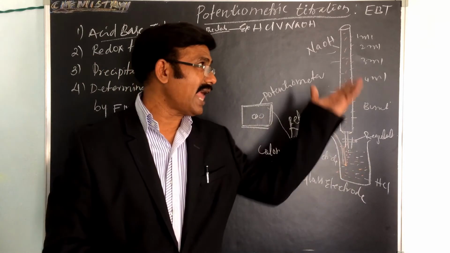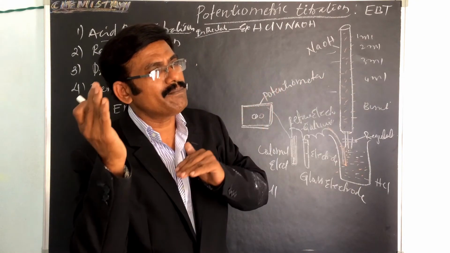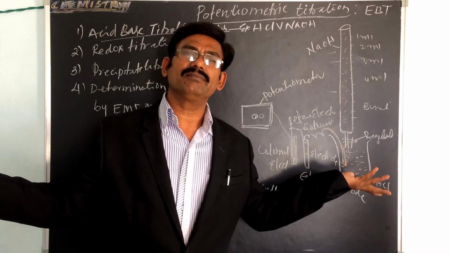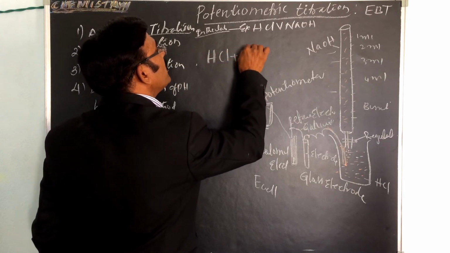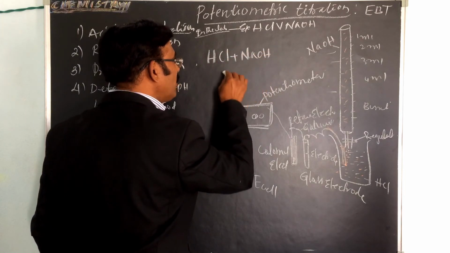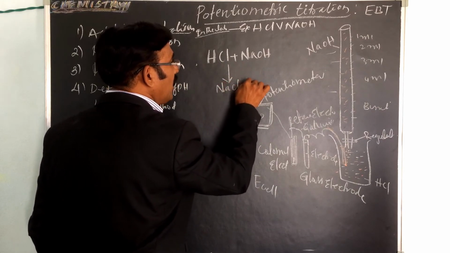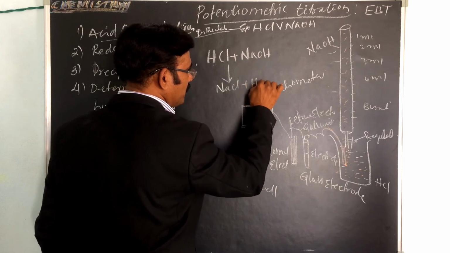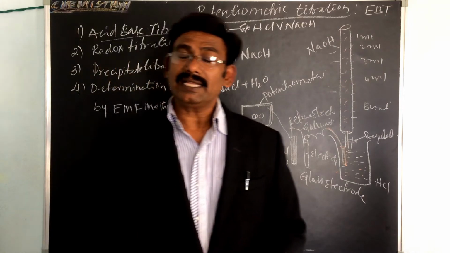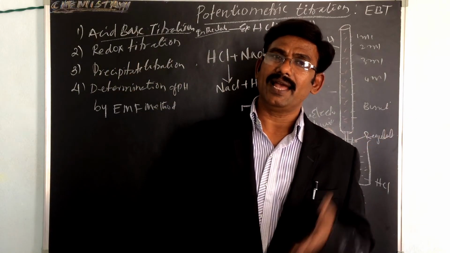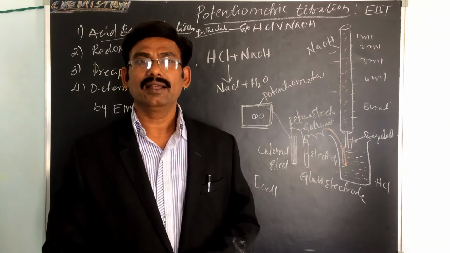Generally, in acid-base reactions, when an acid reacts with a base, salt is formed. That is the general equation. HCl reacts with NaOH to form NaCl and water. Acid reacts with the base to form the salt, sodium chloride, and water.